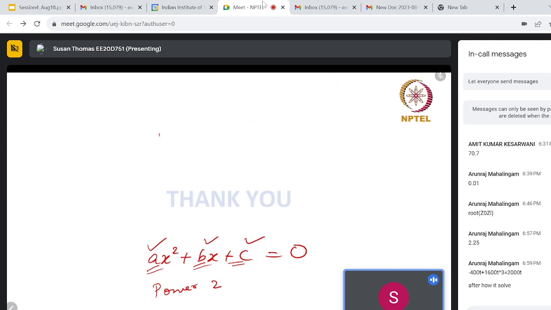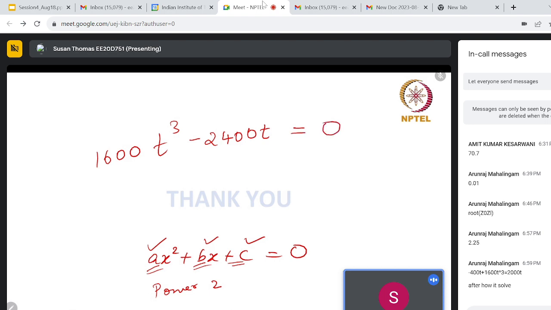Similarly, here we have the t cube. So if I write it again, it should be 1600 t cube minus 2400 t is equal to 0.